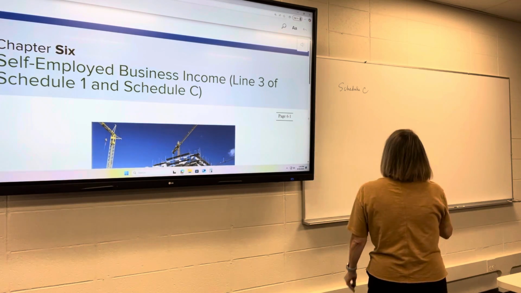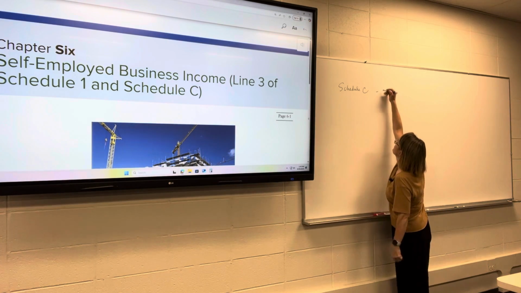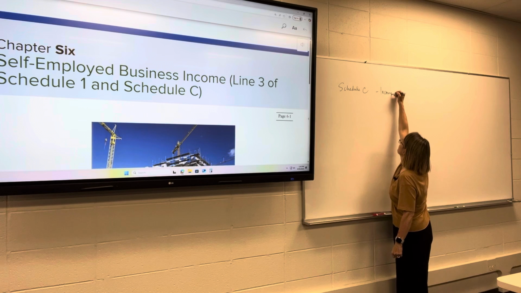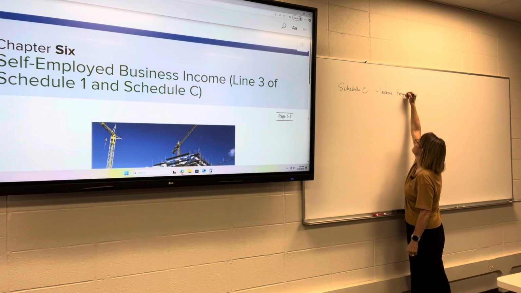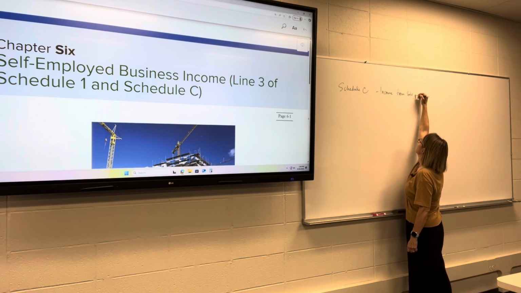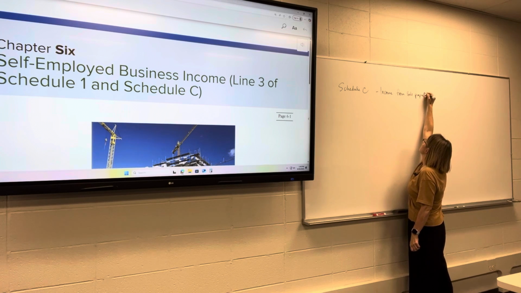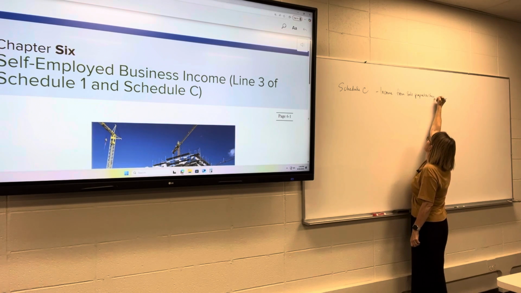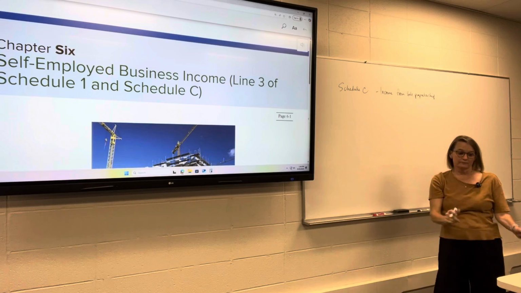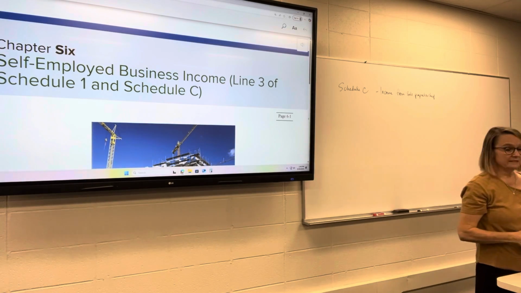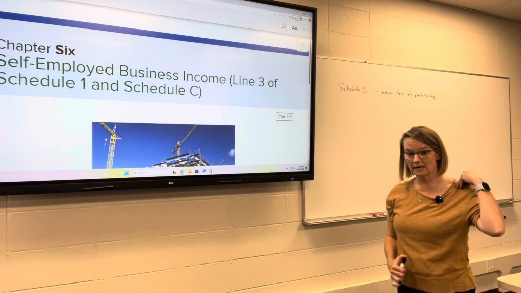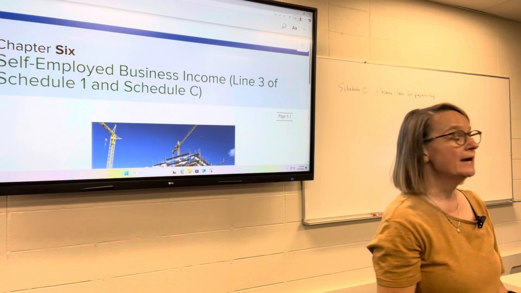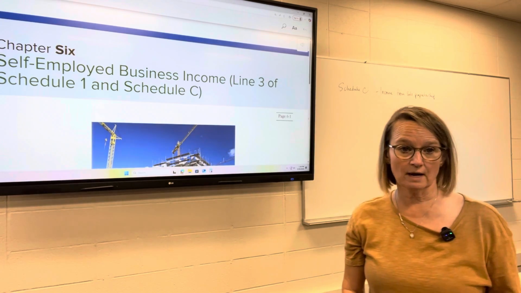Schedule C is income from a sole proprietorship. This is a business that is owned by one person and has chosen not to incorporate or become a corporation.